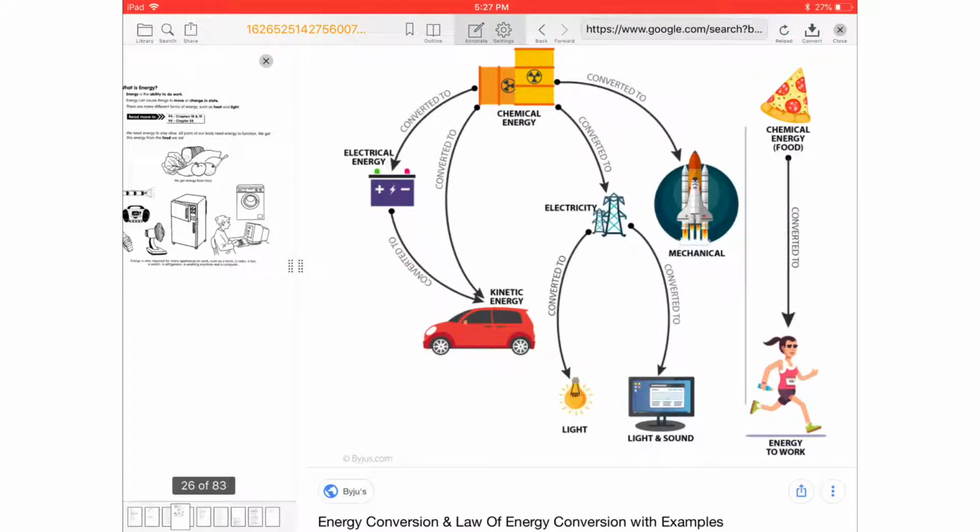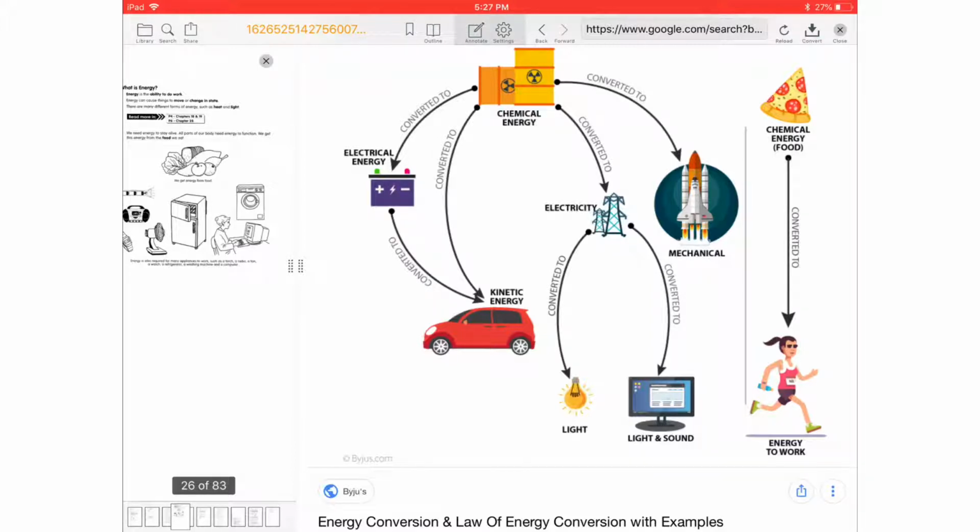Our favorite energy that we like to use is electrical, because electrical energy can be converted to many forms. If you look at the TV in front of you or the iPad, there is electrical converted to light, to heat, and to sound energy.